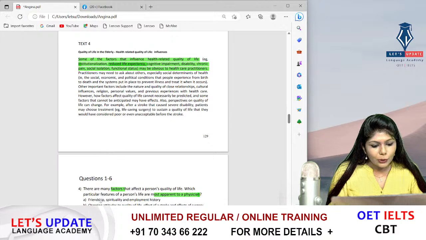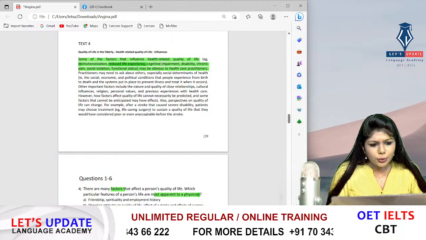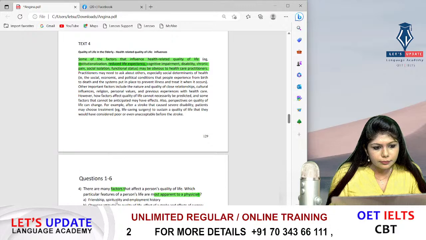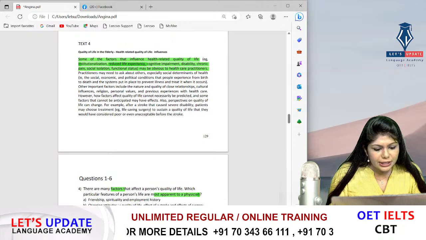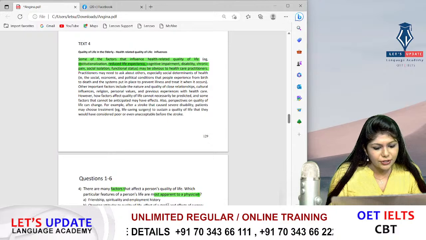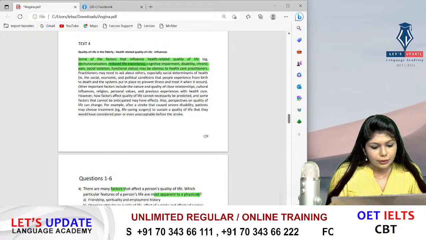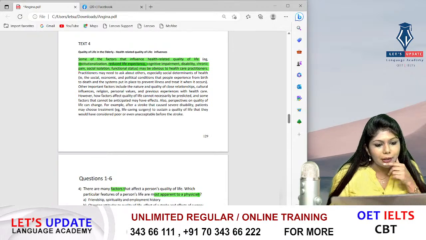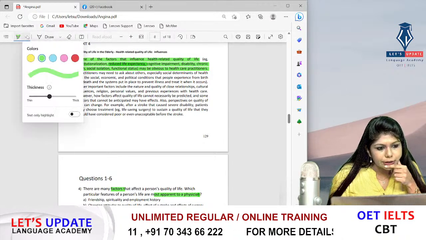Okay, and just look at this. Friendship, spirituality, and employment history, is that mentioned over here? No. Yeah, not really. And look at B, changing attitudes to quality of life, effect of a stroke and effects of surgery, is that mentioned? Not exactly. And look at C, limited lifespan, ongoing pain, and loneliness. Okay, limited lifespan, yeah, that is mentioned.